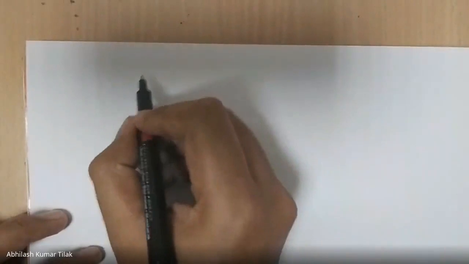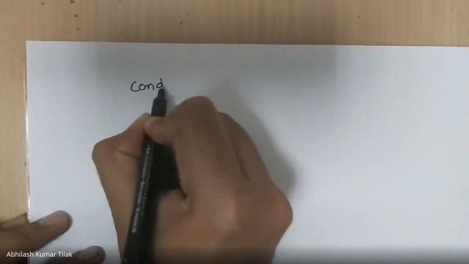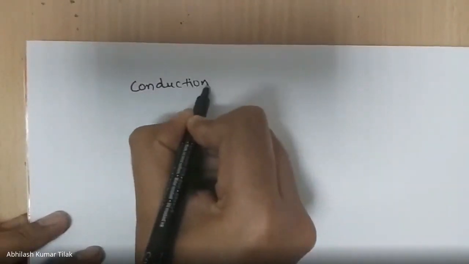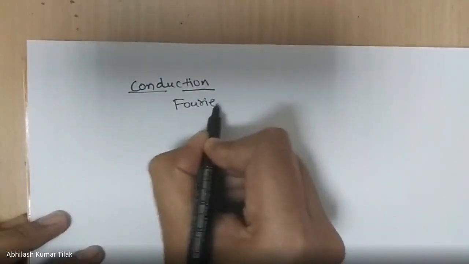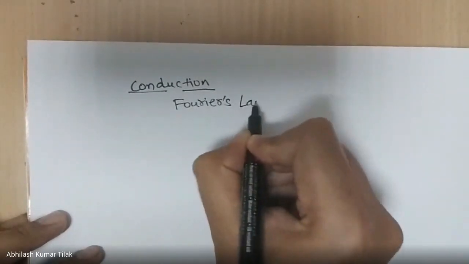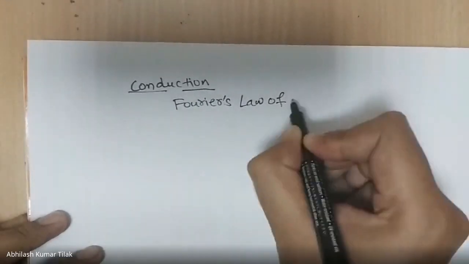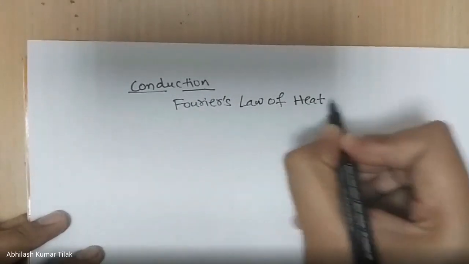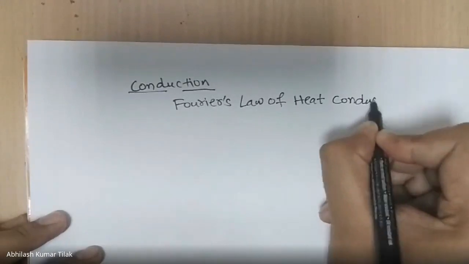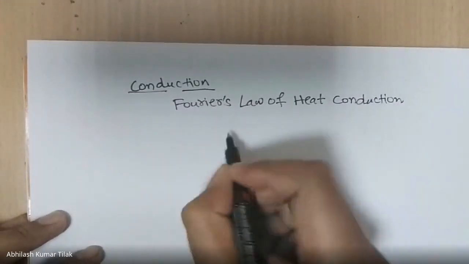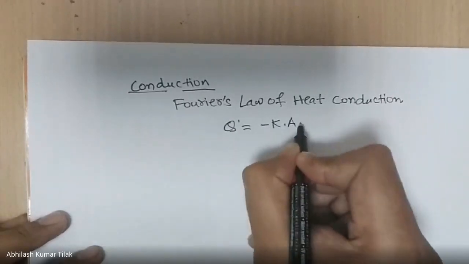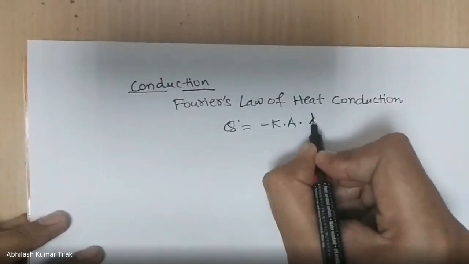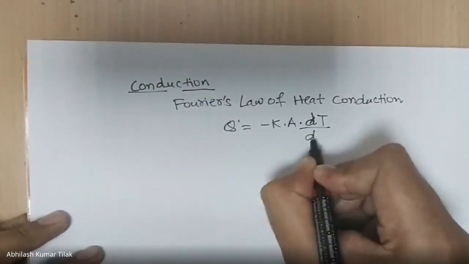So we discussed for conduction the basic law of heat conduction, that was Fourier's law of heat conduction: Q dot is equal to minus K into A into dT upon dx.